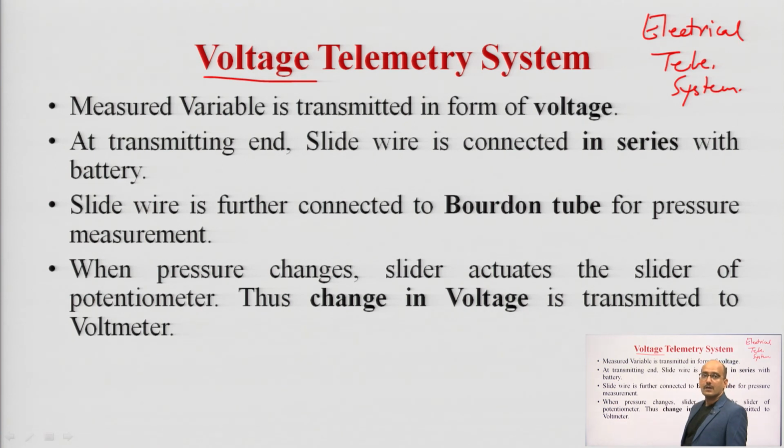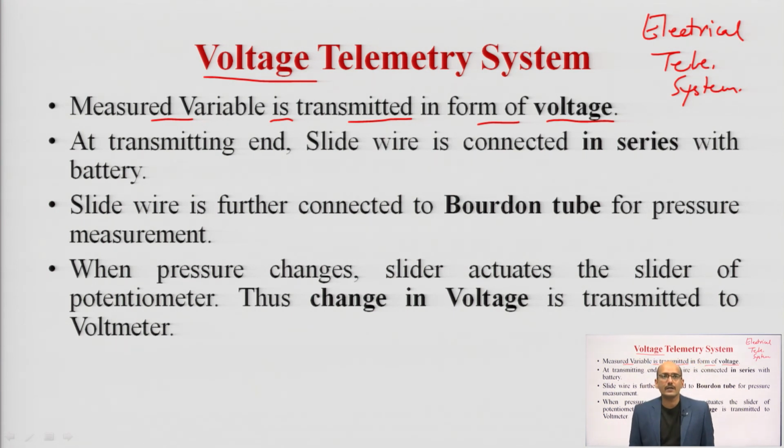Now, how is it going to work? The measured variable is transmitted in the form of voltage, meaning you are going to convert the physical quantity into voltage. If there is a change in the pressure, you are going to convert it into a change in voltage.